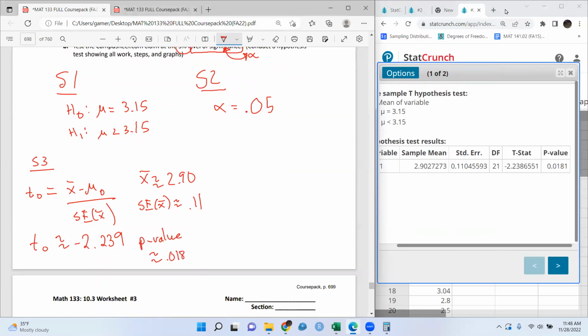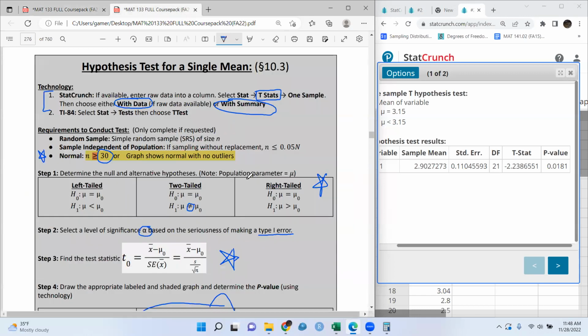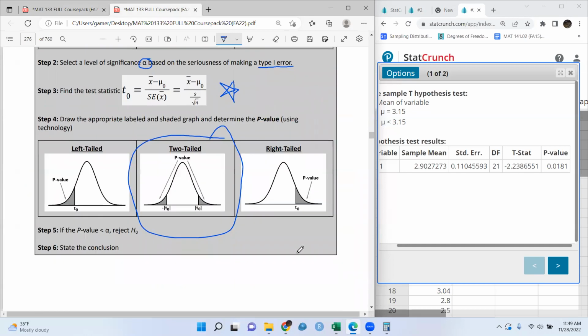I agree too. A question. Do you want our p-value on the top of the arch, or if it's a left tail or a right tail, on either side, or the top if it's a two-tail?